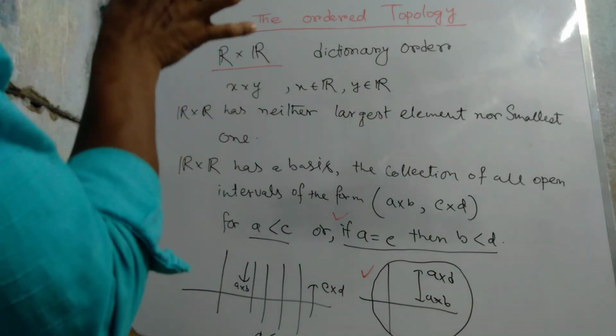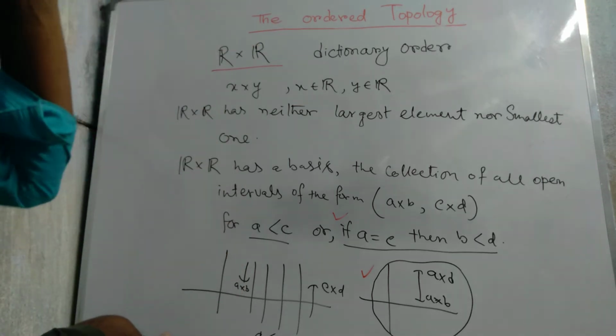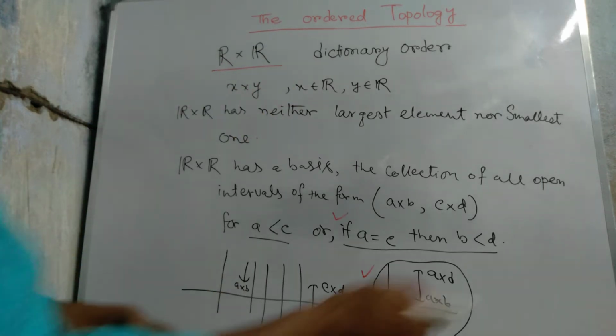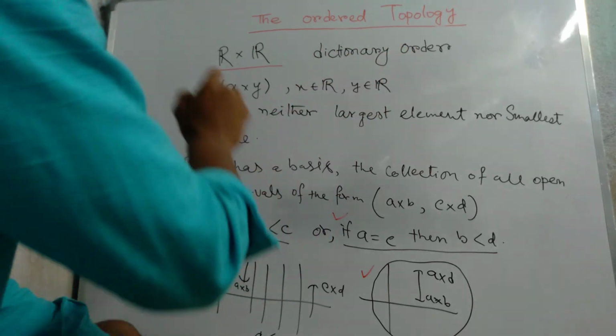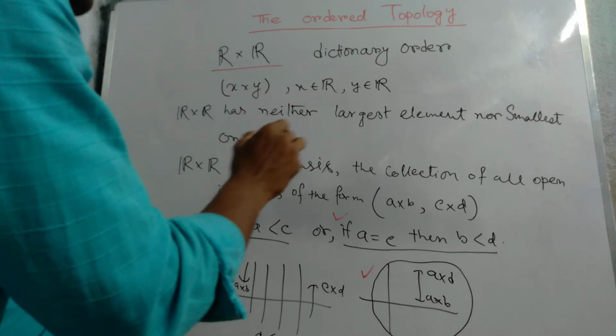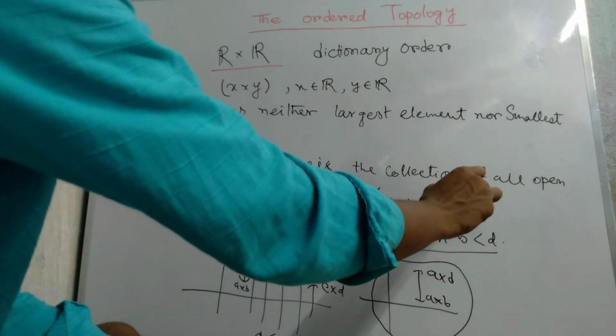So we understand this example, very simple: just the Cartesian product R × R, and we define the dictionary order. Elements are of the type x × y, with x belonging to R and y belonging to R. R × R has neither a largest nor a smallest element, and R × R has a basis, the collection of all open intervals of this form.